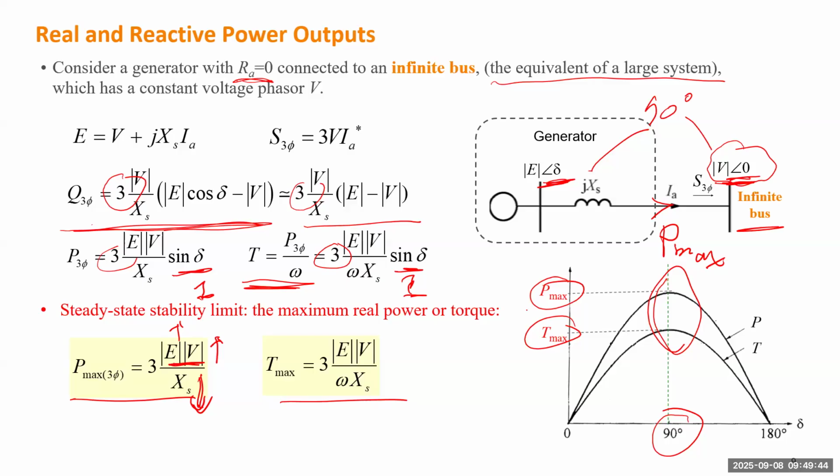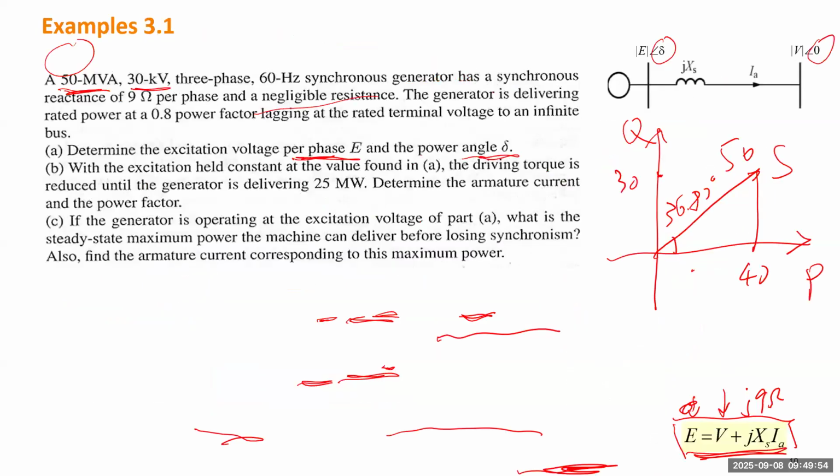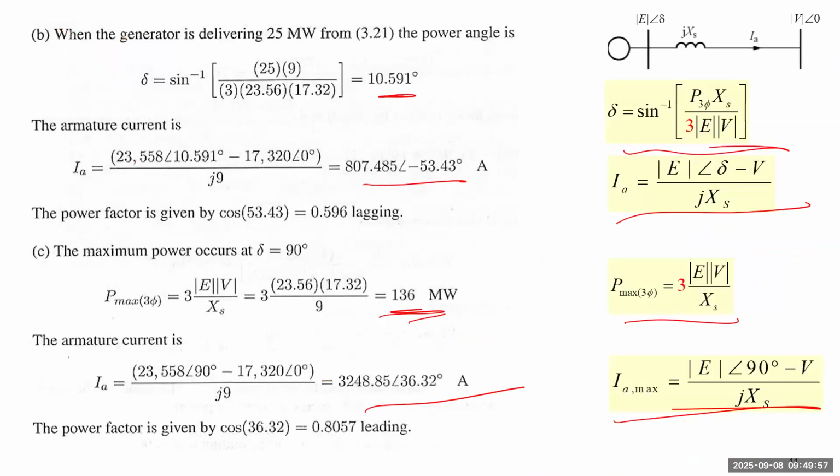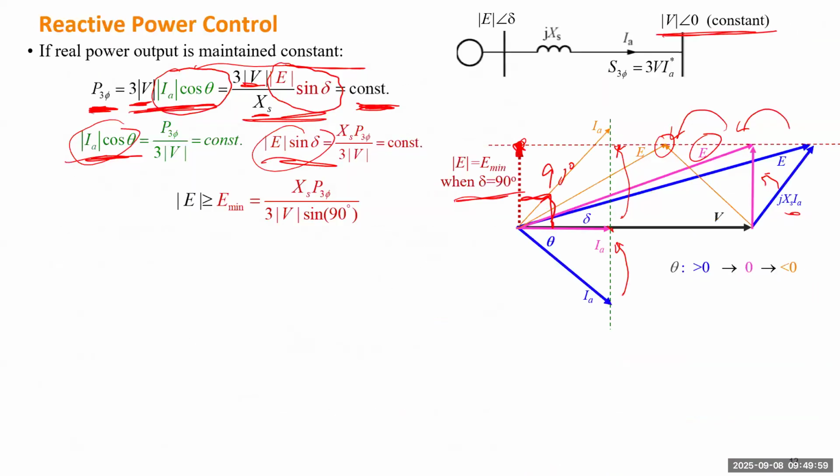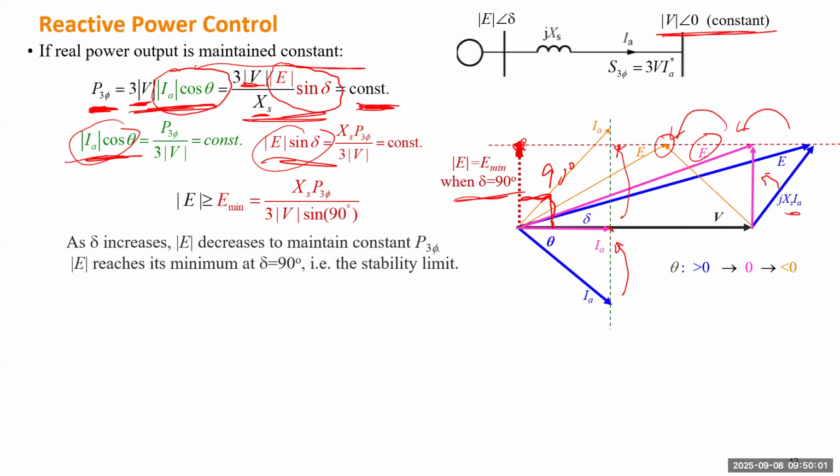If you allow delta to change positive and negative, there's another angle, negative 90 degrees. So delta always needs to be within negative 90 degrees and positive 90 degrees. We just used this example to explain how to determine the limit for reactive power control.